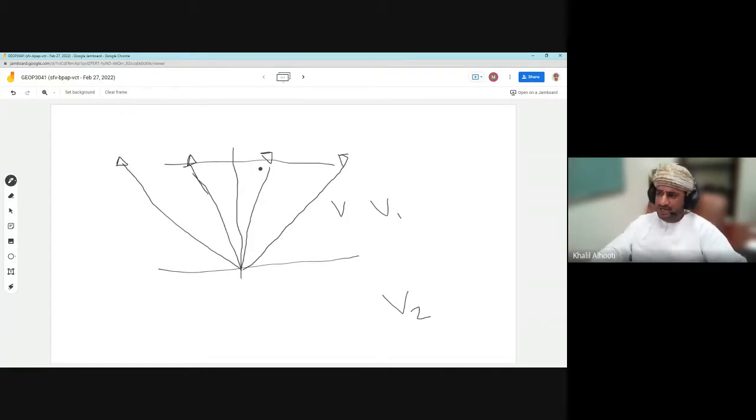So if I ask how many folds I have, what is the number of fold? In this particular case, the fold is 2. There are 2 pairs of source and receiver coming from the same subsurface point. How big is this subsurface point? Is it a small point, centimeter by centimeter?